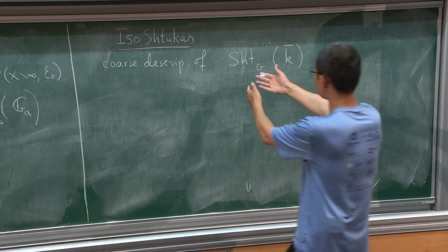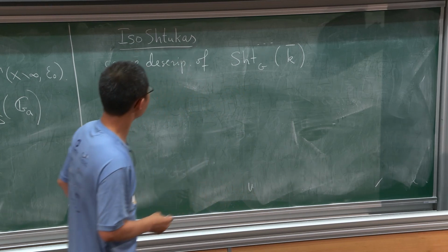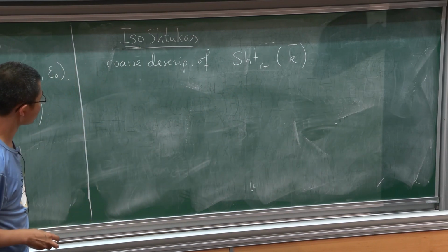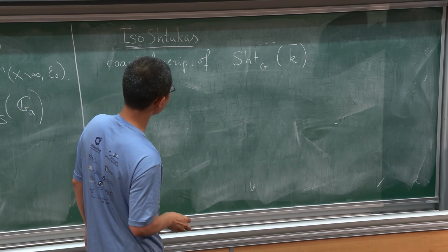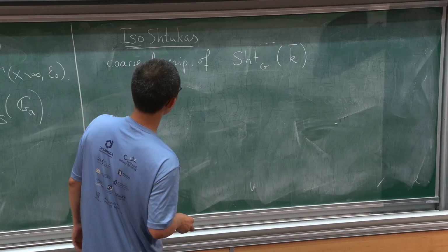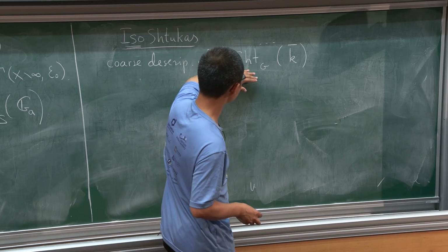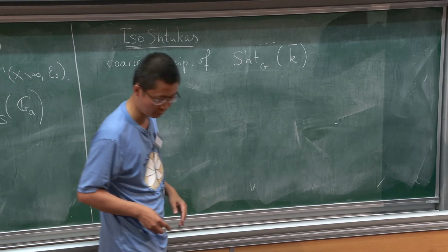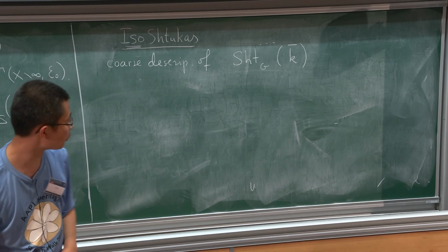It's not even a precise description, but only up to isogeny. Okay. So we want to describe k-bar points, Shtukas over k-bar, by some linear algebraic data.